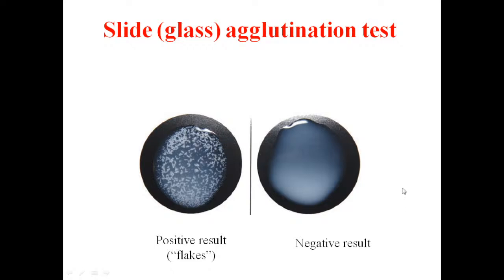Slide agglutination test is used for rapid diagnosis. We may take a slide, place serum of the patient on the slide, and then we should add bacteria, pure culture of bacteria that we suggest could cause disease.